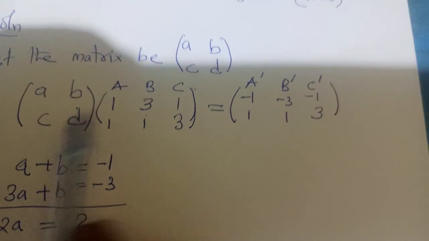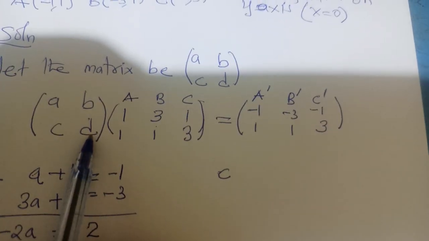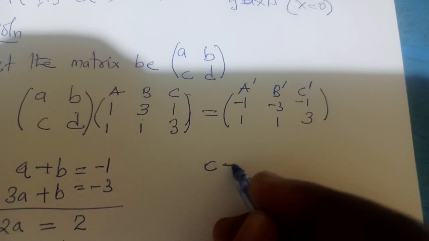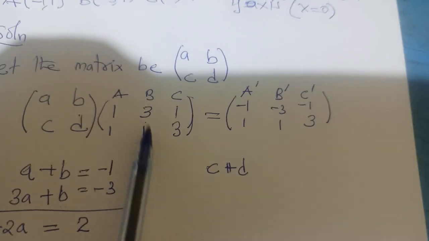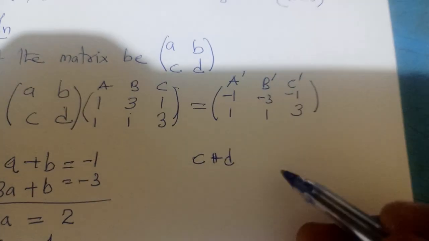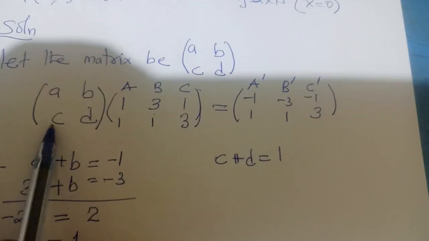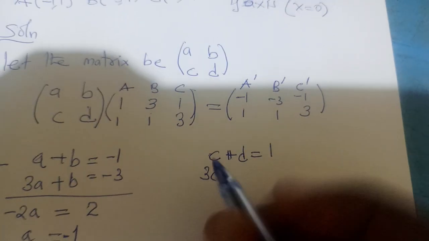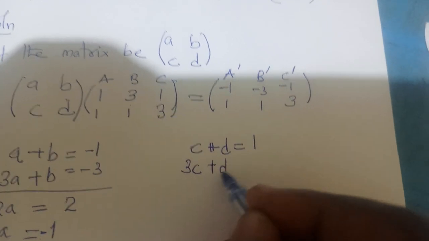We have C multiplied by 1, that gives us C. And then D multiplied by 1 gives us D. And this corresponds to the lower element on the other side of the equal sign, so this is 1. Then again, C multiplied by 3 gives us 3C. Then we have D multiplied by 1, which gives us D.